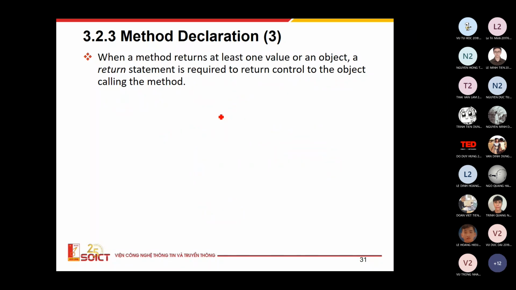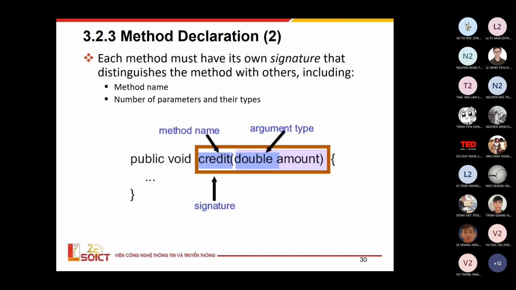Okay. And remember about the return type. Who can read for me what the return type is when I declare something like this? For example, when you want to return an int or double from the method, you can write it like this.